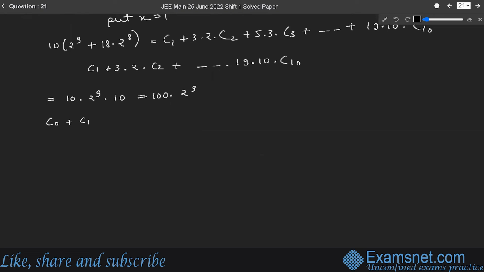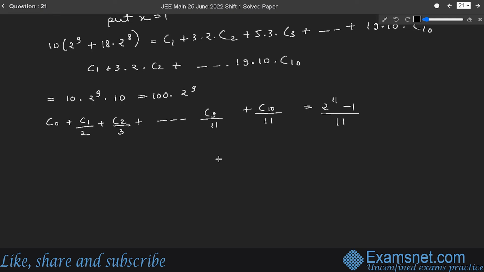Therefore, C0 plus C1 by 2 plus C2 by 3 plus so on up to C9 upon 11, which is the 10th term, plus C10 upon 11, which is the 11th term, will be equal to (2 power 11 minus 1) divided by 11.